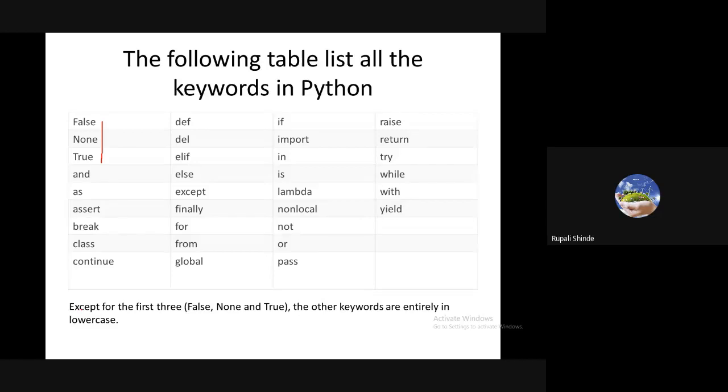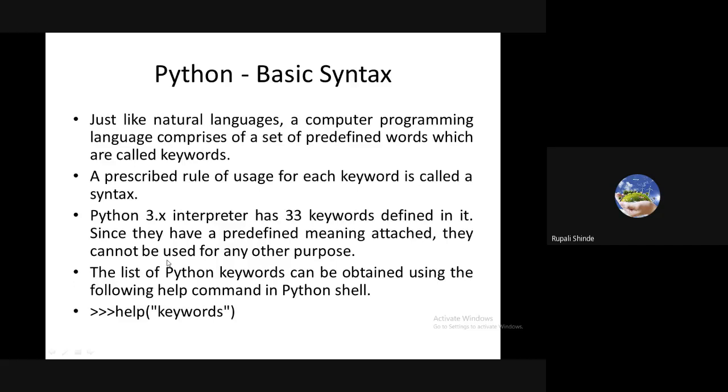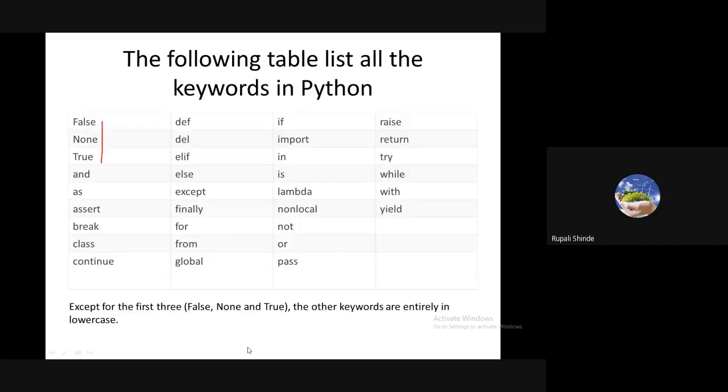Here I have written the statement: except for the first three, False, None, and True, the other keywords are entirely in lowercase. Suppose we want to find out the meaning of those keywords, we can run the command help and keywords. We will check it on the Python shell.